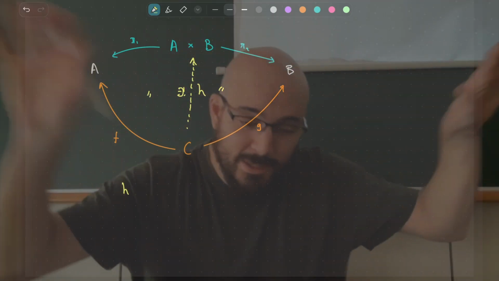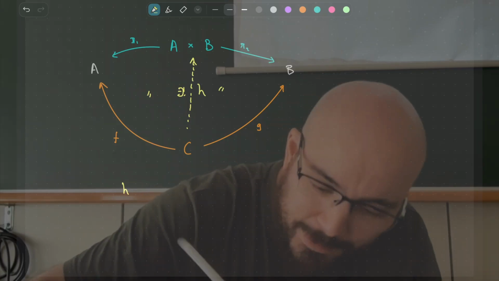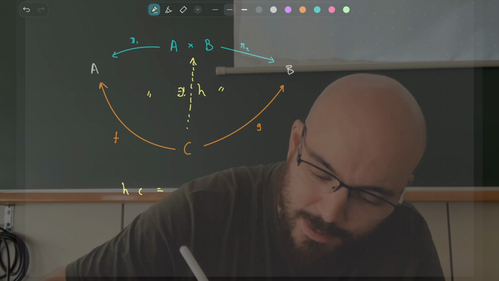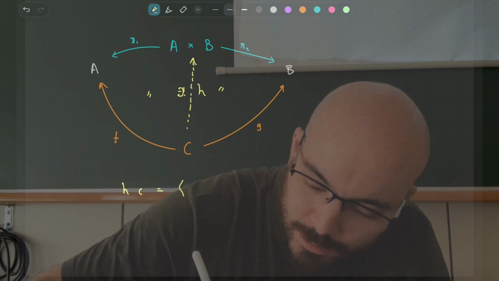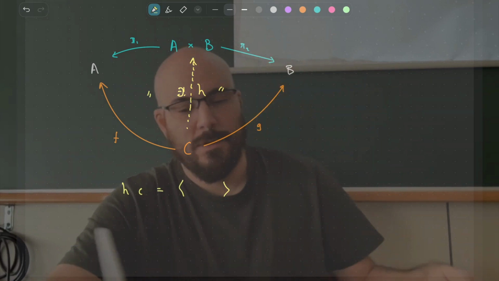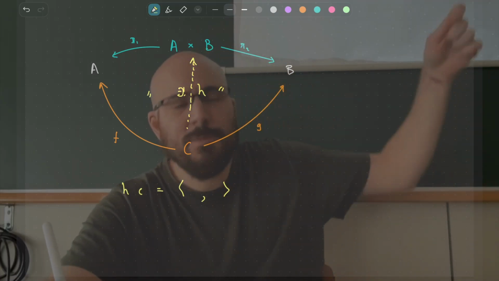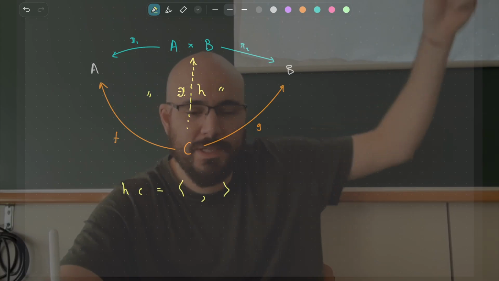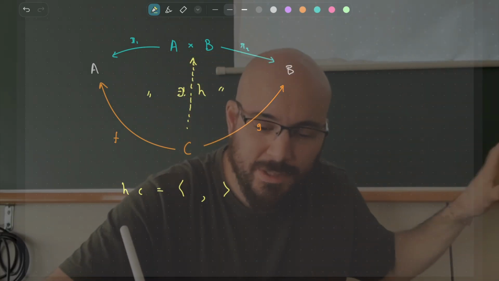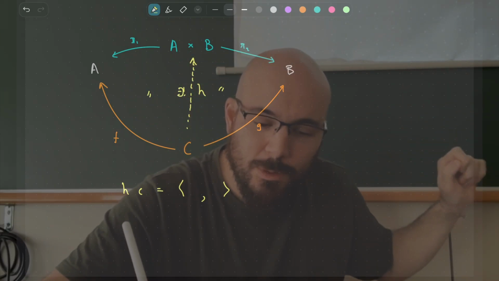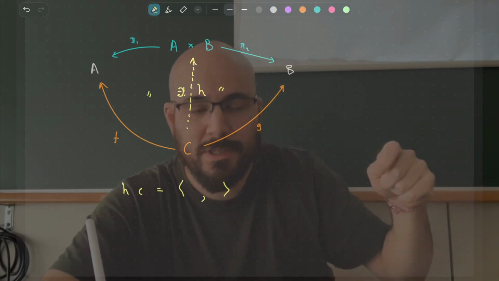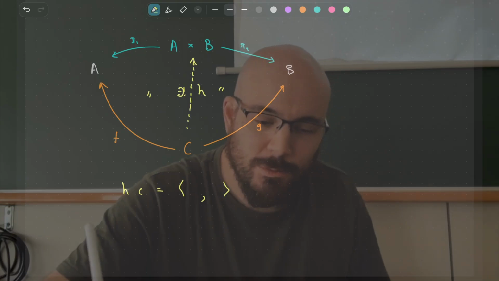You are a set theorist inside the world of sets, so you will mess with points and you can say, okay, H of c, I will map it to a pair. Which pair will I map it to? The same thing actually would work even in the category of types with the products we have seen. It's essentially the same idea. I need something of type A and something of type B, or set A, sorry.